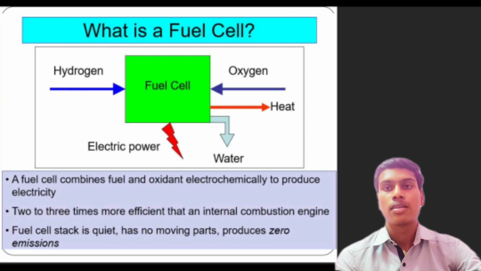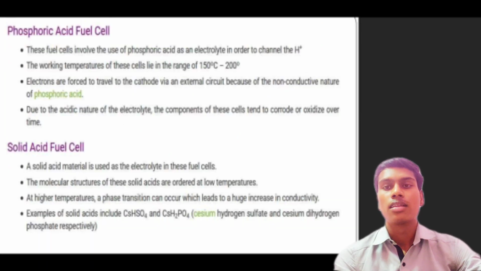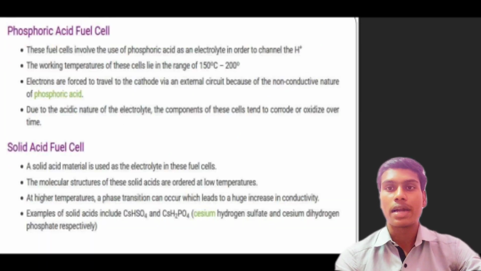So the fuel cell is one of the latest advanced engine technologies coming into industrial development in recent days. And also in fuel cells there are many types. The first one is the phosphoric acid fuel cell. In the phosphoric acid fuel cell, they use phosphoric acid as the electrolyte.